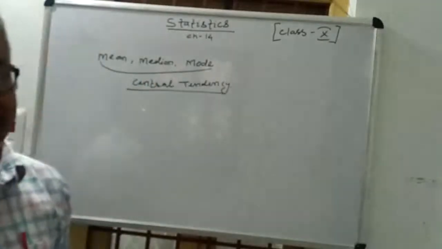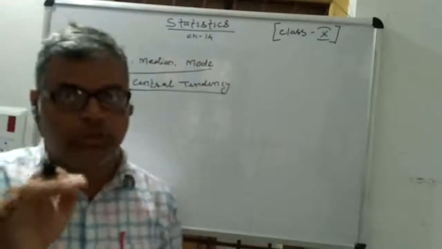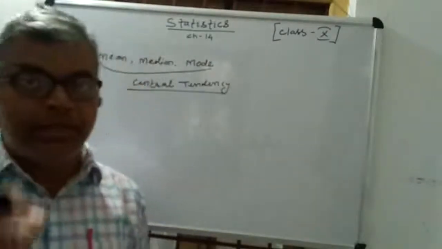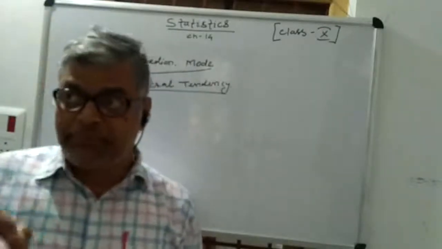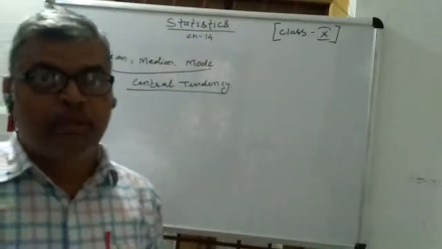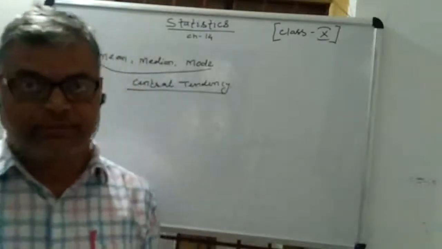And among the mean, median and mode, median is the middlemost central tendency of the data. Maximum data density is around the median of the data.